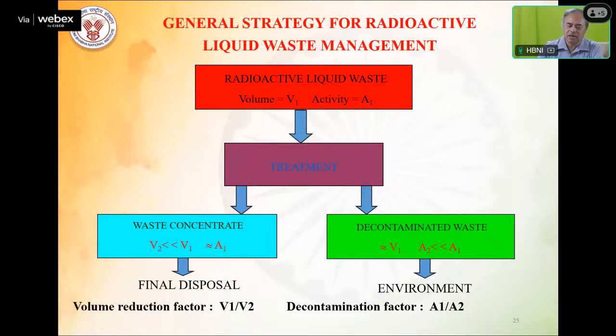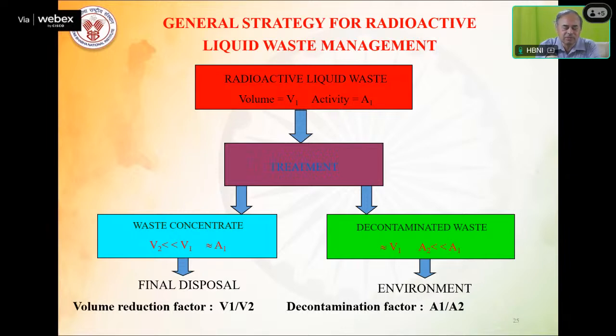But after the treatment, what is tried is that activity is precipitated and removed from the liquid waste. So it is brought out as the waste concentrate. Whatever activity is there, that is precipitated and concentrated, then compacted.